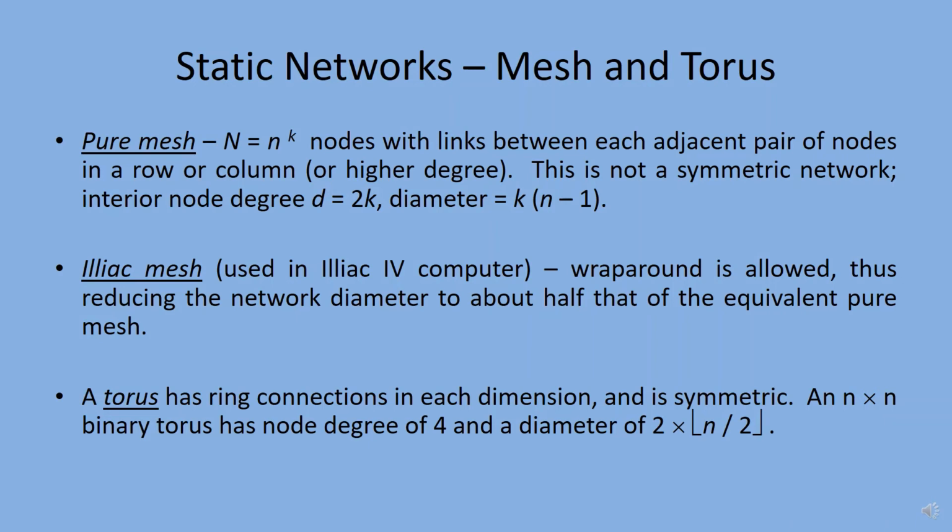An n cross n torus has a node degree of 4 and a diameter of n/2. The torus is a symmetric topology. All added wraparound connections help reduce the diameter by 1/2 from that of mesh.